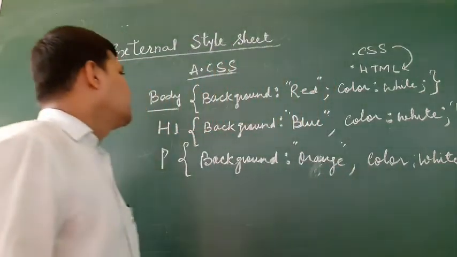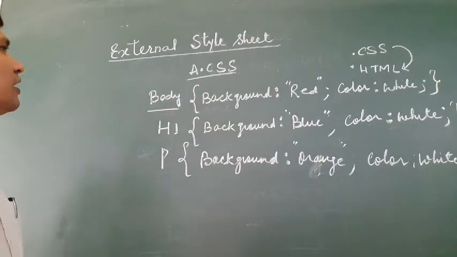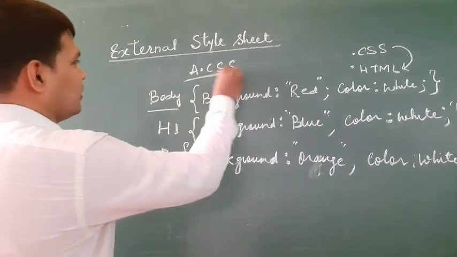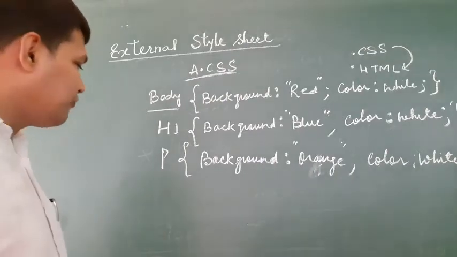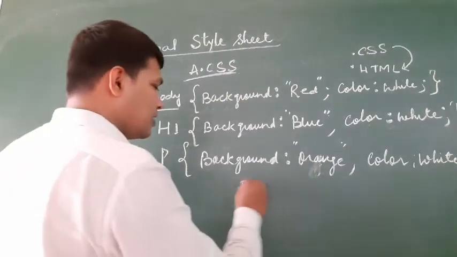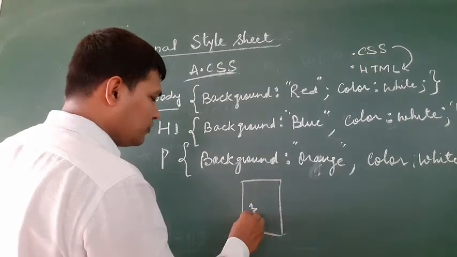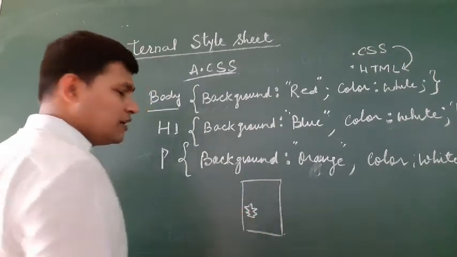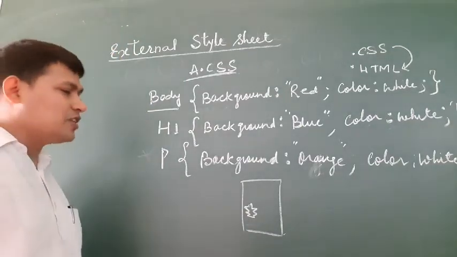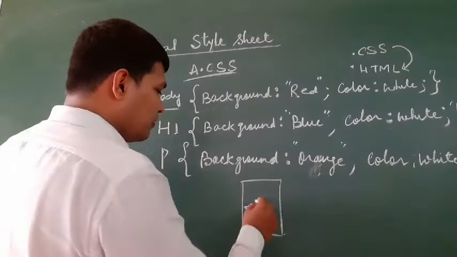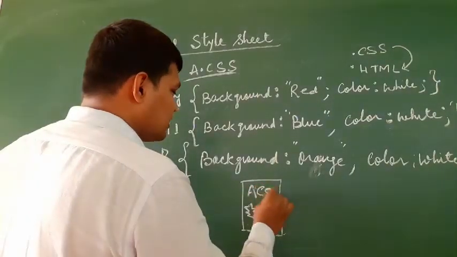These three selectors I have used in my a.css file, and after that you just save the file with the extension CSS. When you save this file, you will find the icon of this file looks like a setting icon, and when you see the type, it will display Cascading Style Sheet.